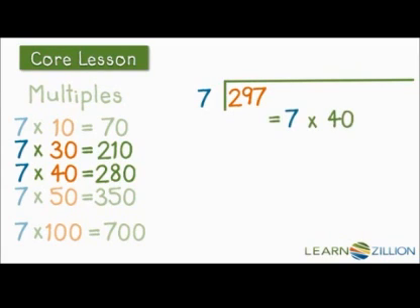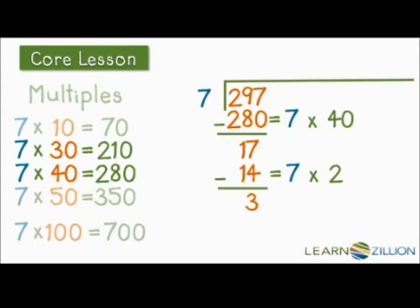So I'm going to take 40 groups of 7, or 280, out of 297, leaving us with 17. And I know that 2 groups of 7 are in 17, and that leaves us with 3 remaining. So I've recomposed 297 as 280 plus 14 plus 3.